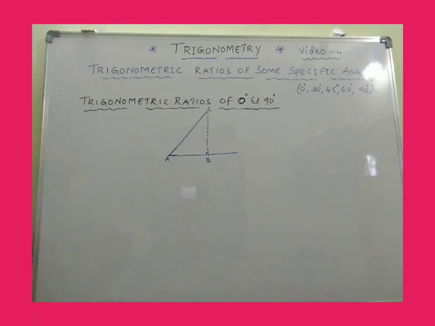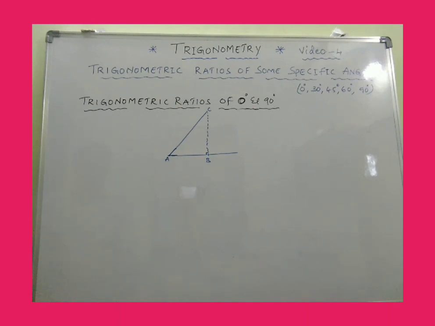So just now we have discussed the trigonometric ratios of 30 degrees and 60 degrees. Now let us see how we can find them for 0 degrees and 90 degrees.